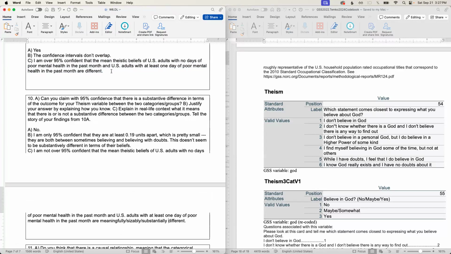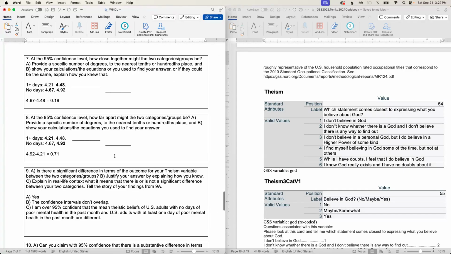So again, for significant, we were saying it is significant. So we're saying we're over 95% confident the means are different, but I'm not over 95% confident that they're substantively different, right? They could be a little more different than 0.19. At most they could be this different at the 95% confidence level, but we're only 95% confident they're at least this different.